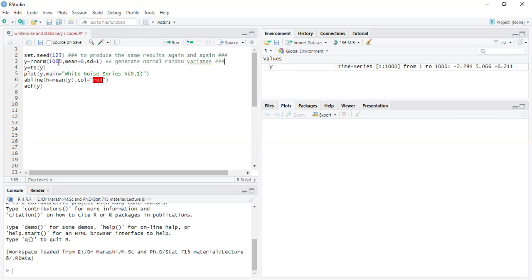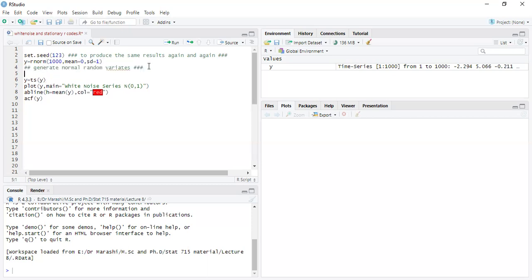So in the first place, I am telling R to generate 1000 random variables which are normally distributed with 0 mean and 1 standard deviation. And then by using this command y is equal to ts(y), let me do it so that you can understand well.